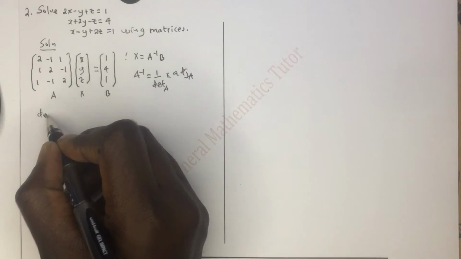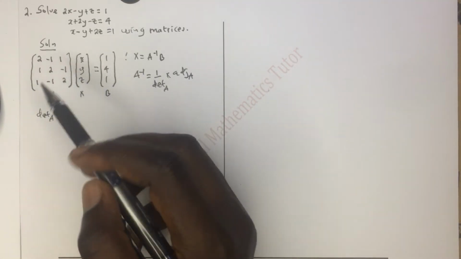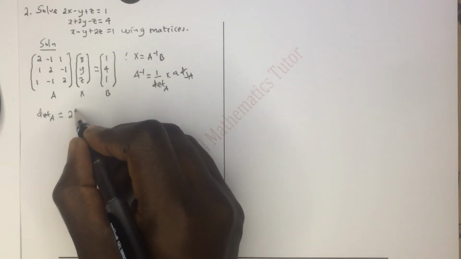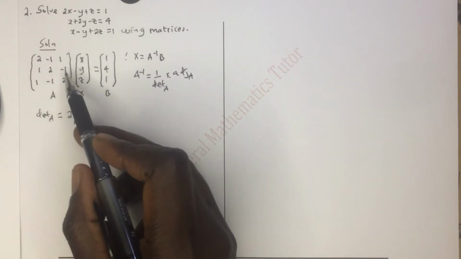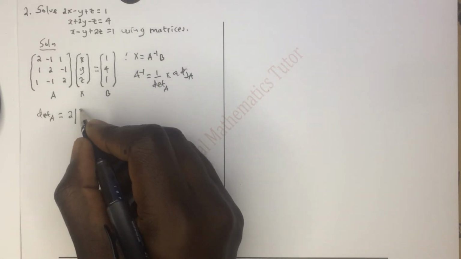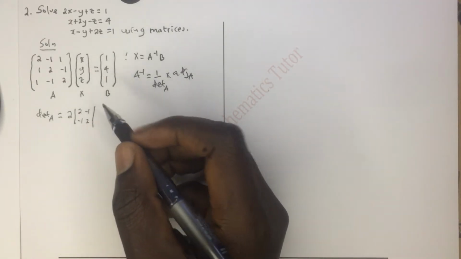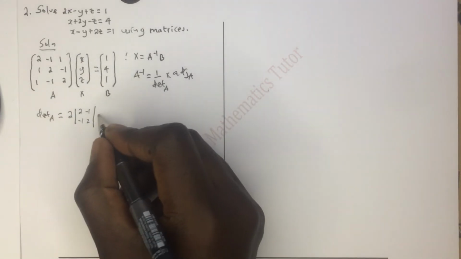The determinant of A is obtained by considering the elements in the first row. We check 2, which is the first element. When you cover that row and that column, you're left with 2, negative 1, negative 1, 2. Minus the second element, which is negative 1.